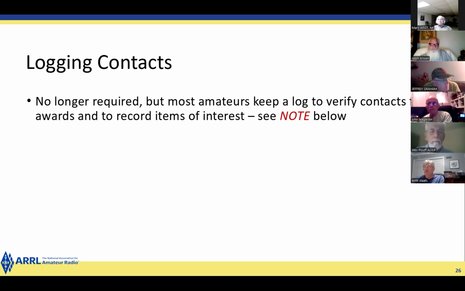There are some Christian nets, and I think the Salvation Army runs a net. You can find a net.